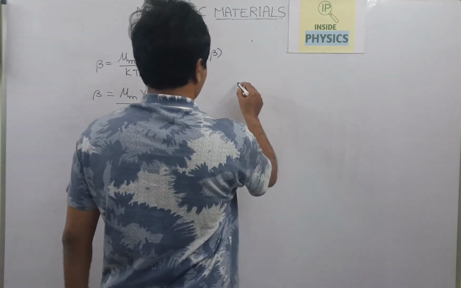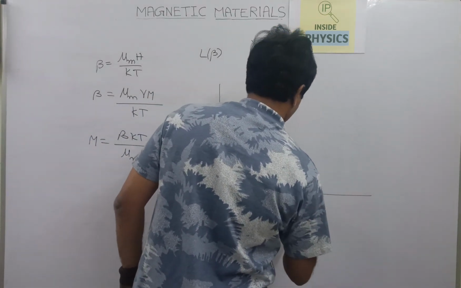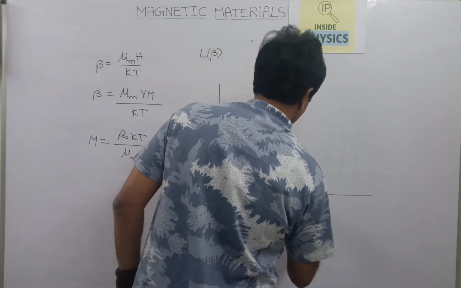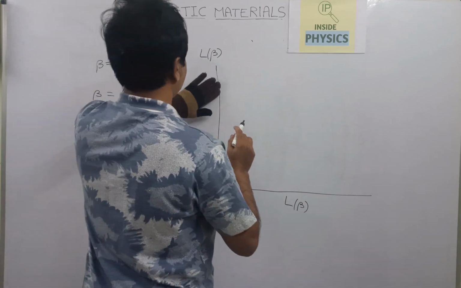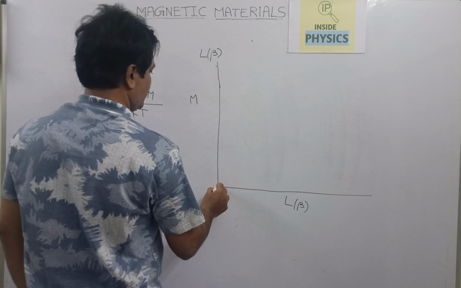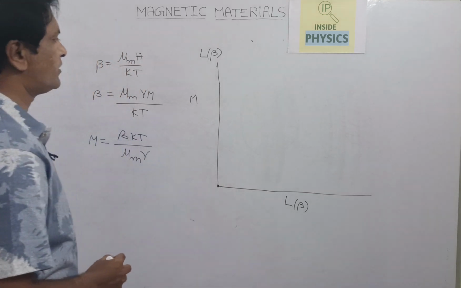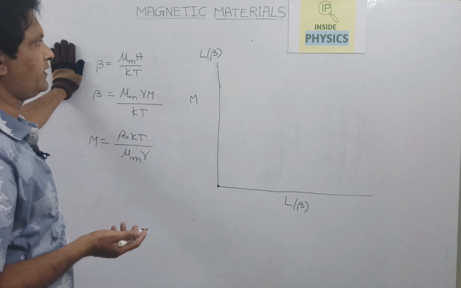If you plot a graph between the Langevin function and magnetization, you will understand what happens with the increase of temperature. Susceptibility is directly related to magnetization.